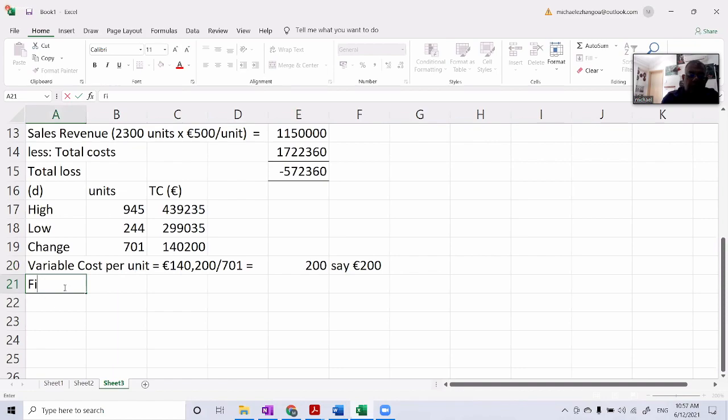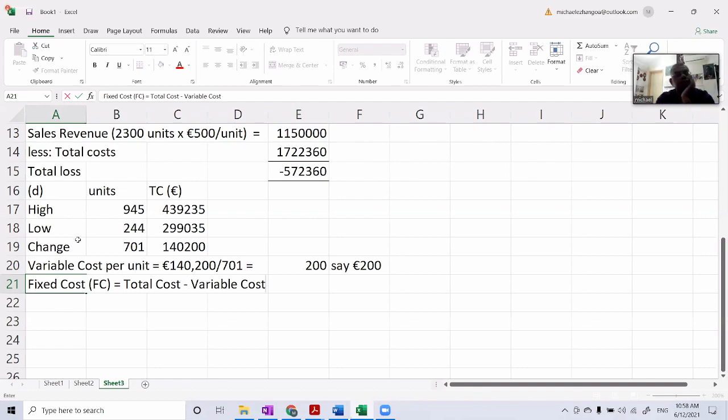Now, to find the fixed cost, we take total cost minus variable cost.